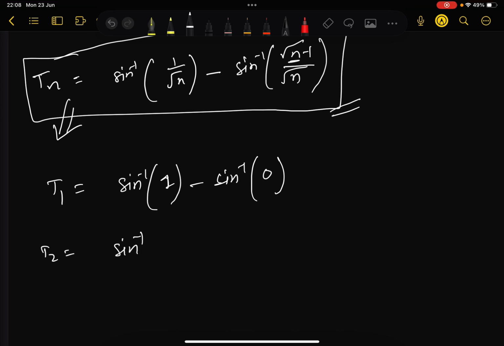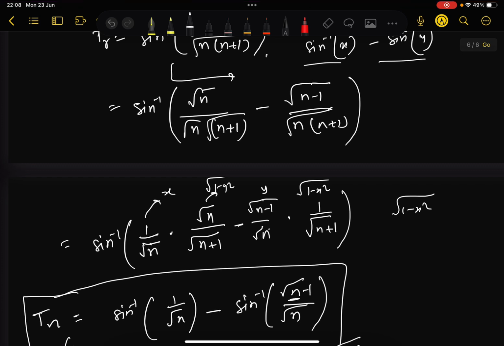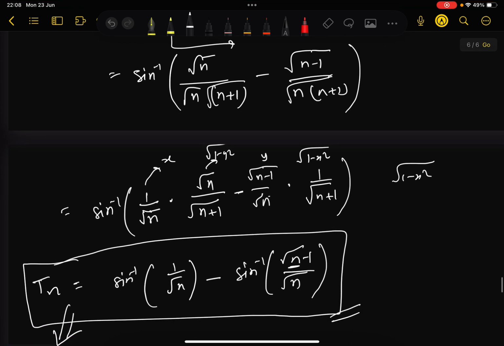So second term will be sine inverse 1 upon root 2 minus, and here this will become sine inverse, and this is 1 upon, here we are taking n equals to 2. So for n equals to 2 we will get, let me check once again. So this was x into 1 minus y square, right?